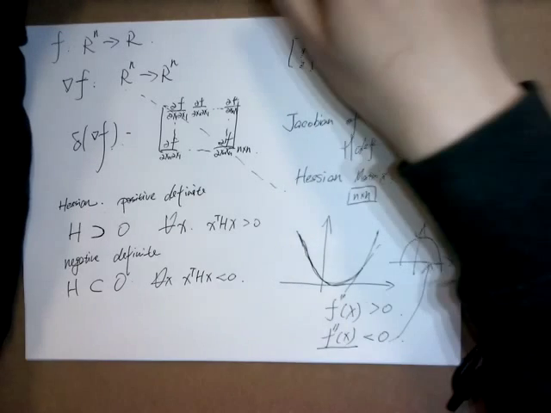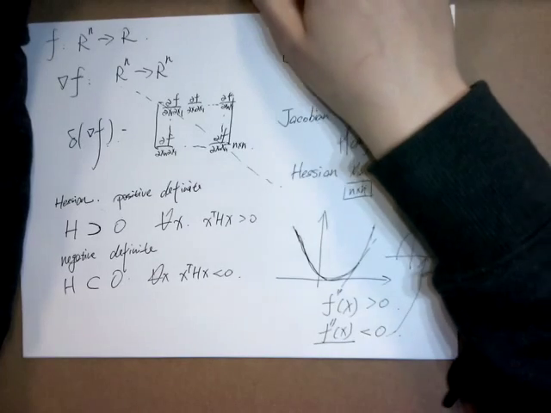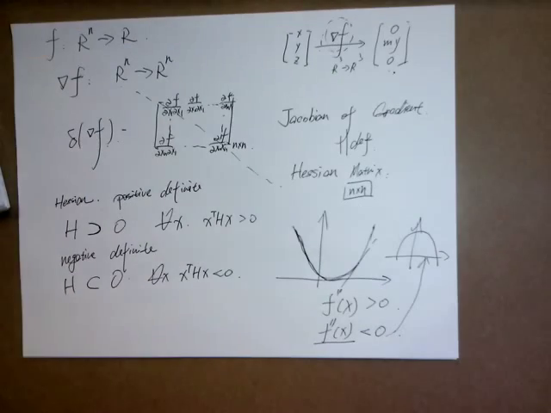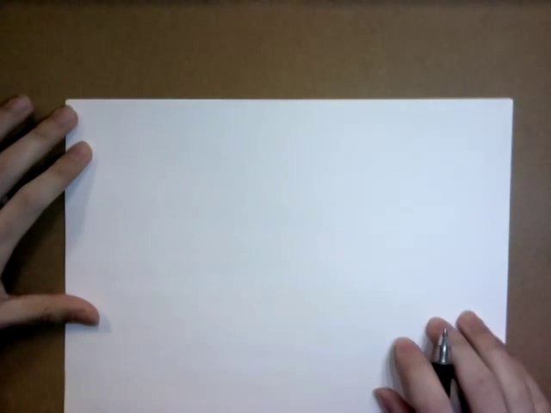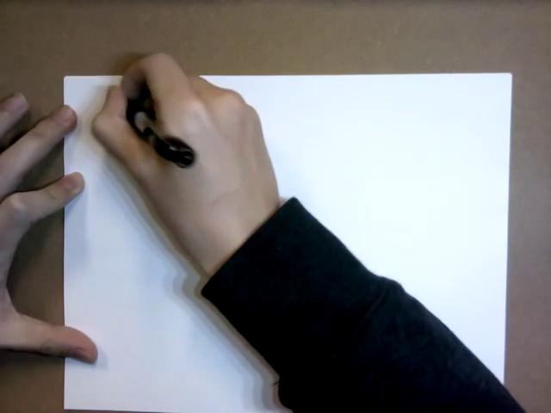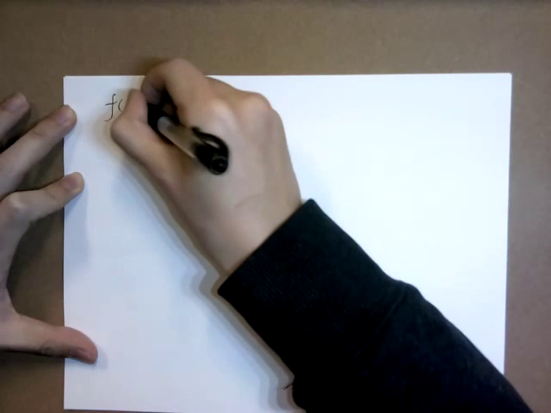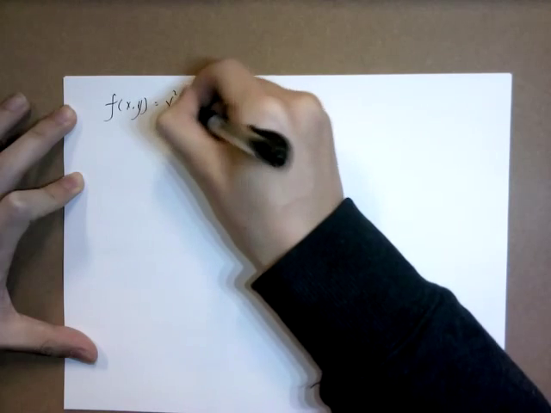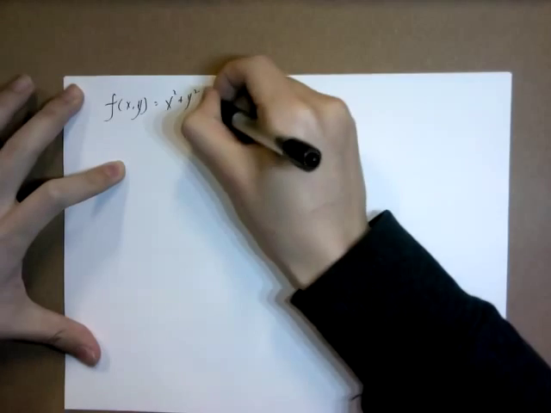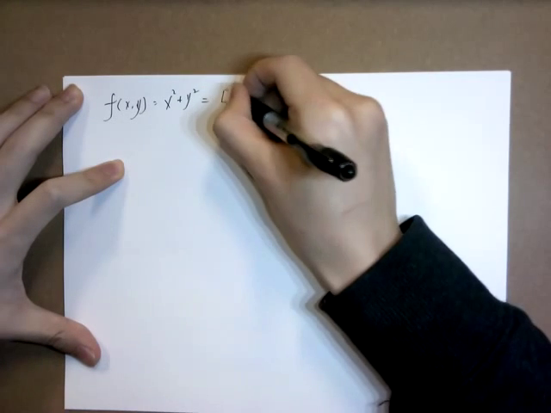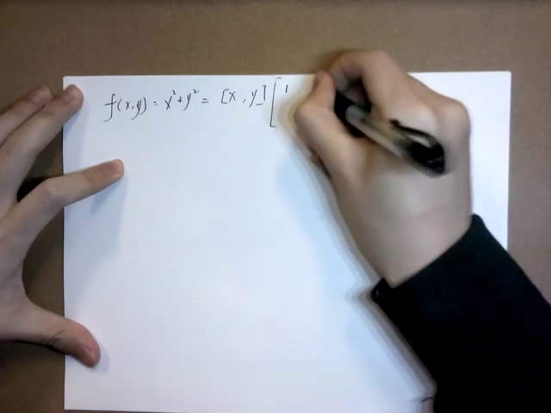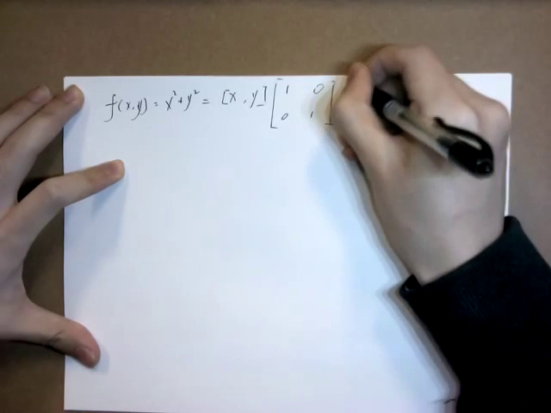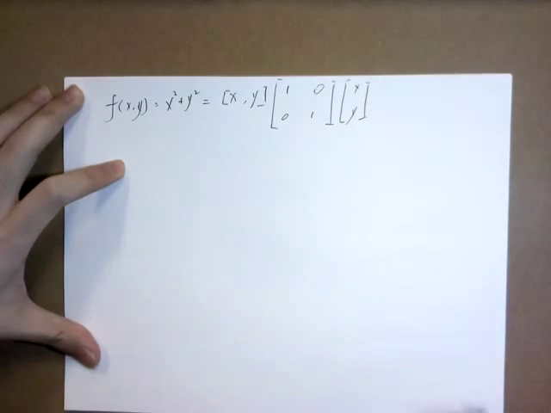For example, this one is convex. Why? Because this function f(x, y) equals x squared plus y squared. It can be written as the row vector x, y multiplied by the matrix [1, 0; 0, 1] multiplied by the column vector x and y.